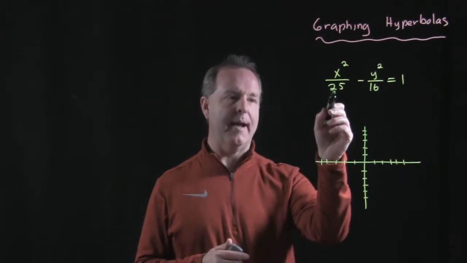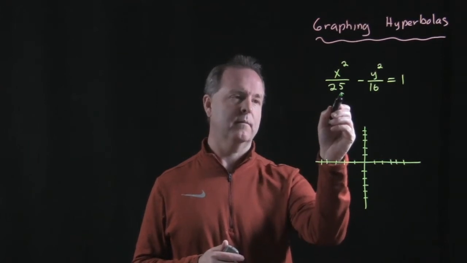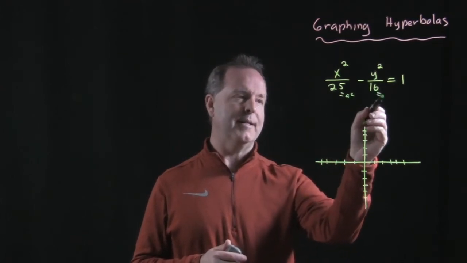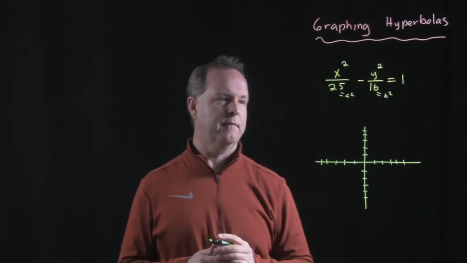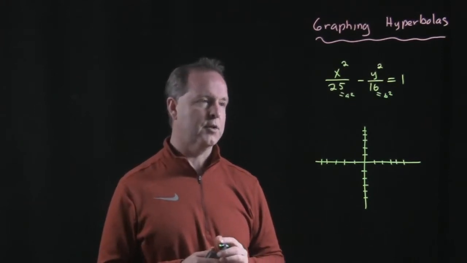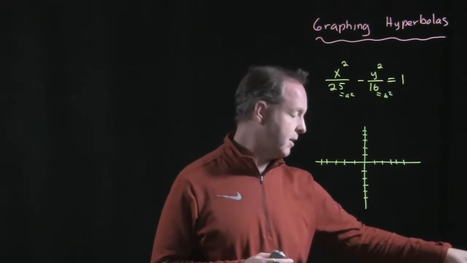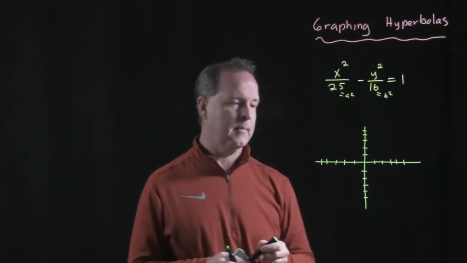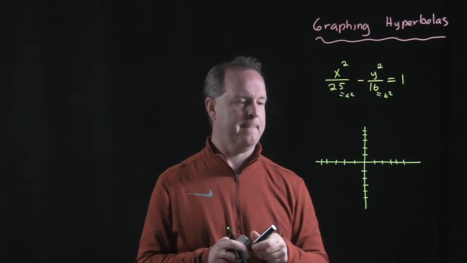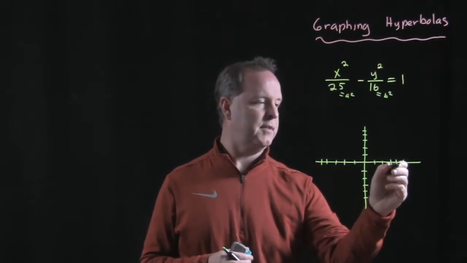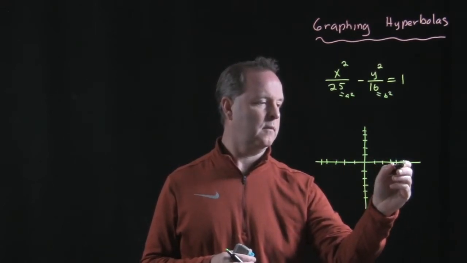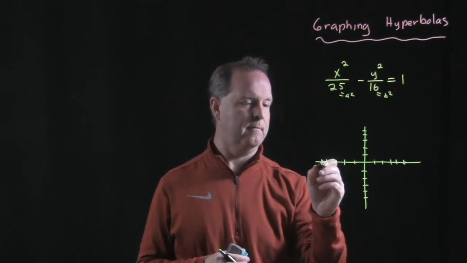So then I know that my 25 is my a squared, and my 16 is my b squared. Recognizing that, I know that a equals 5, which tells me that I have points on the graph at (5, 0) and (-5, 0).